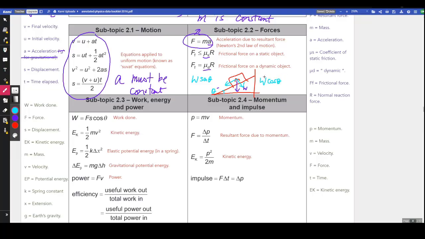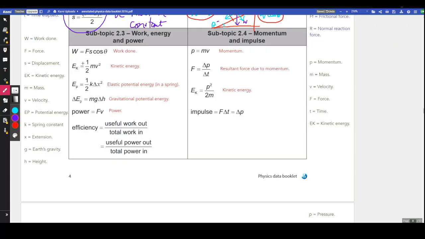And normally W cosine theta will be of the same magnitude as the reaction force, unless someone exerts another force in this direction, but that's very rare. So I would say you should memorize these 2 and it will be very useful.